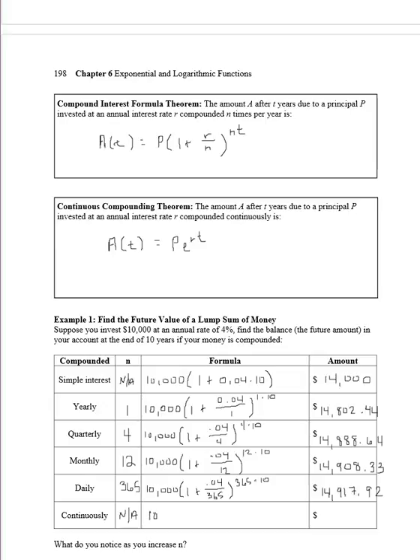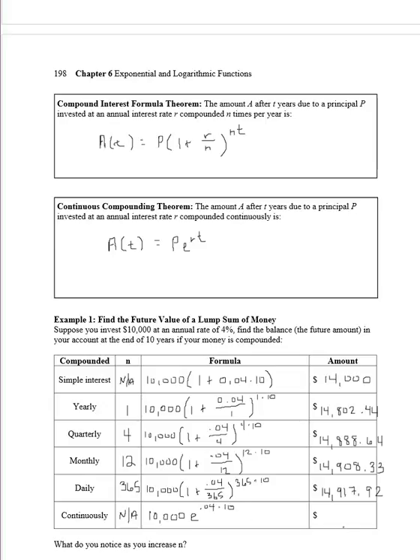So that's 10,000 E raised to the 0.04 times 10.